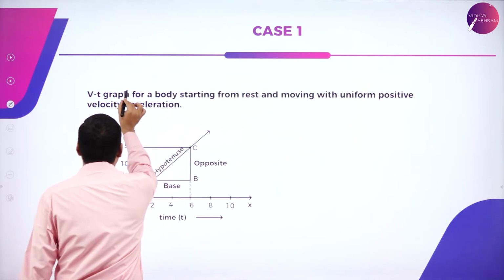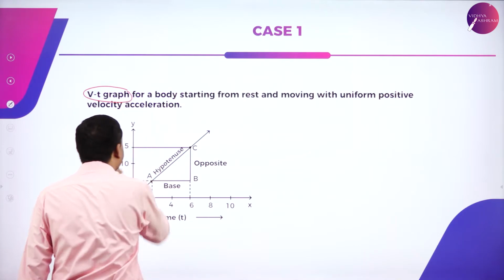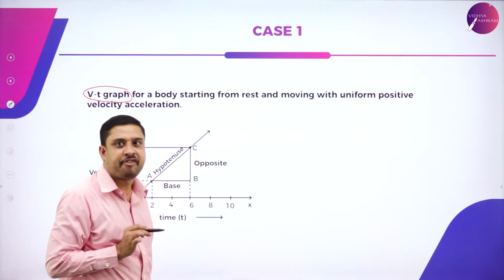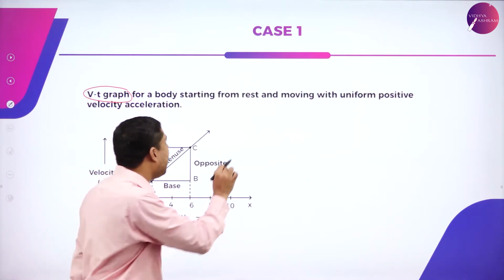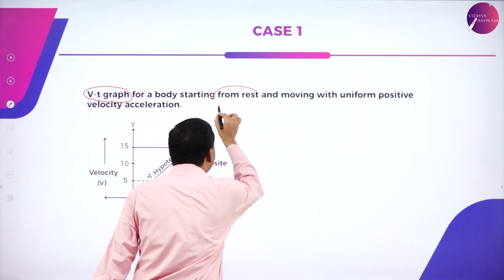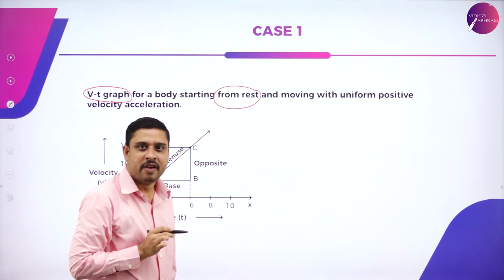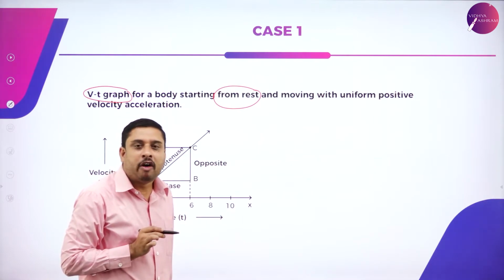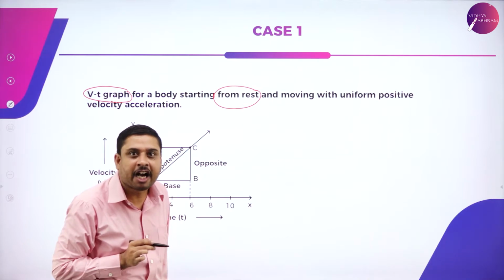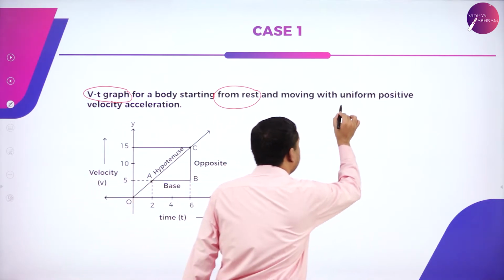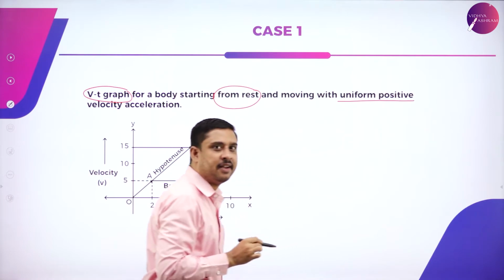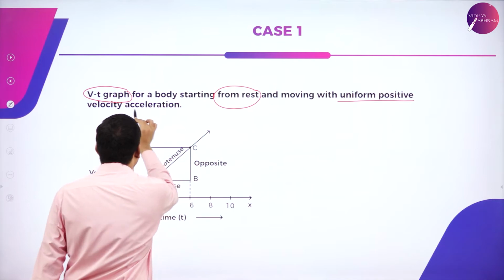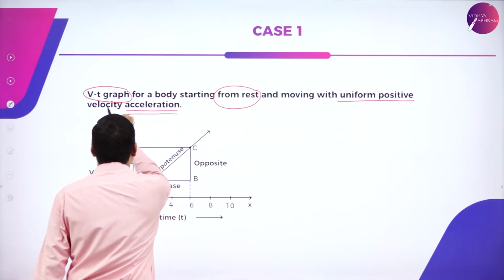The first case where I plot a VT graph for a body starting from rest. Very important situation given. The body has to start from rest and move with uniform positive acceleration.